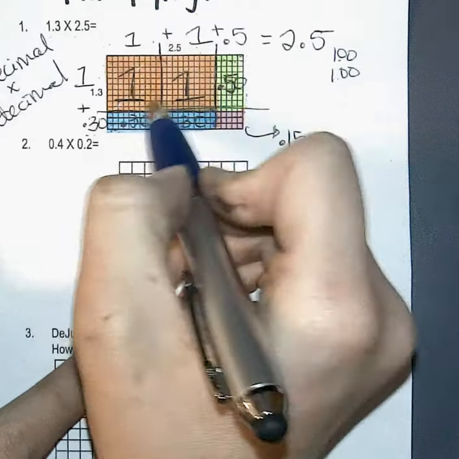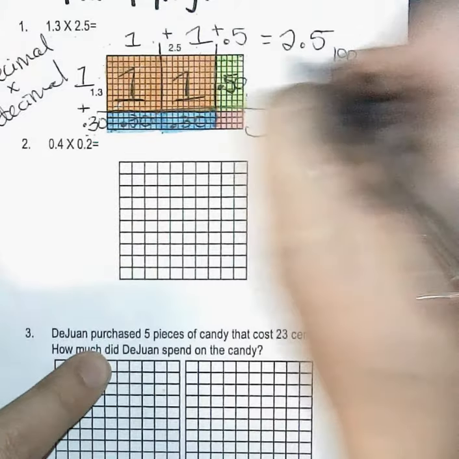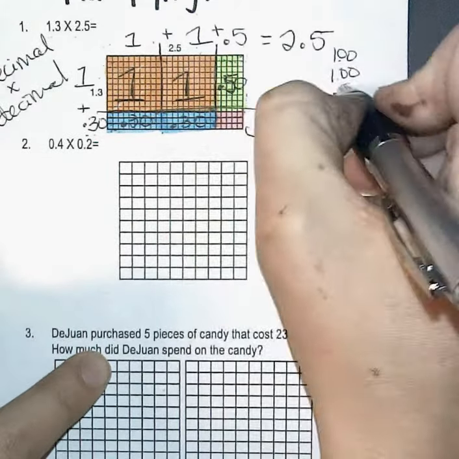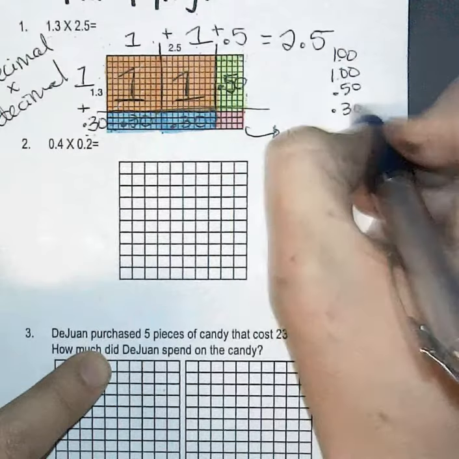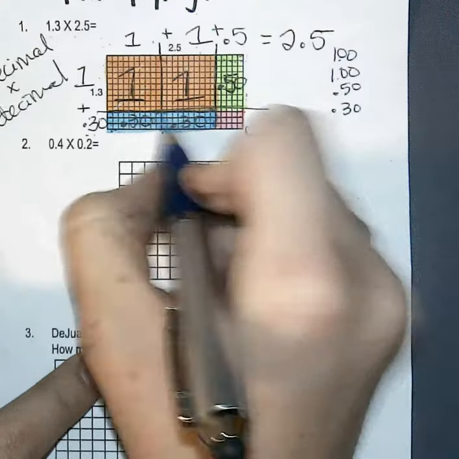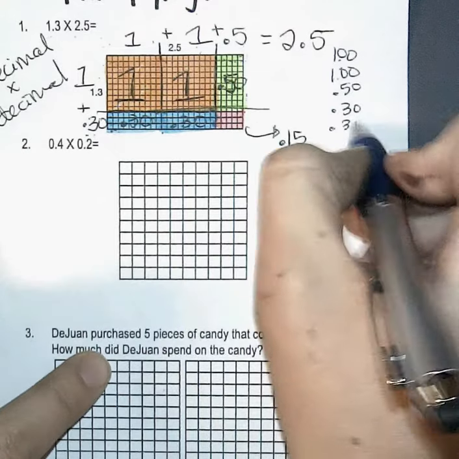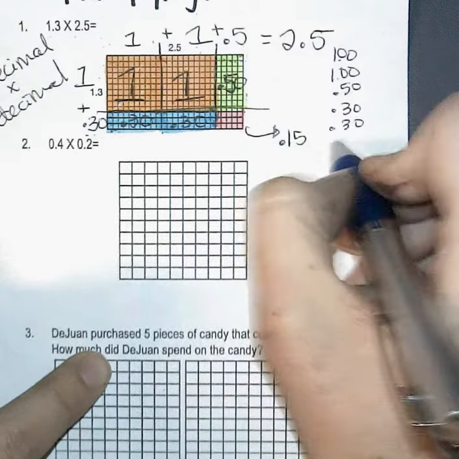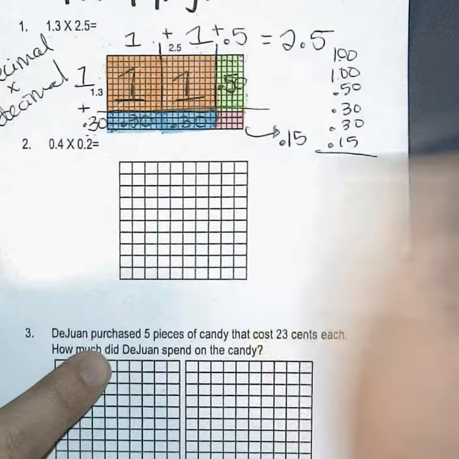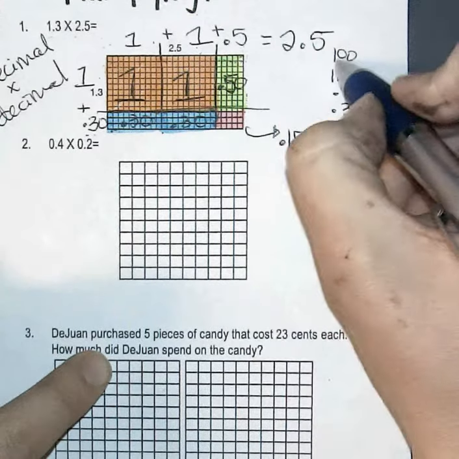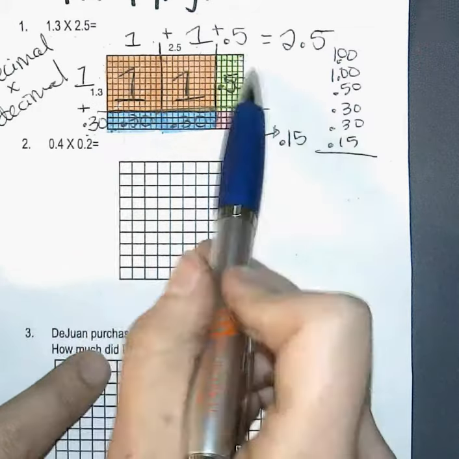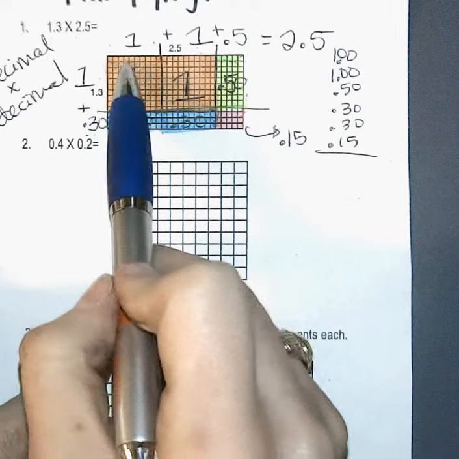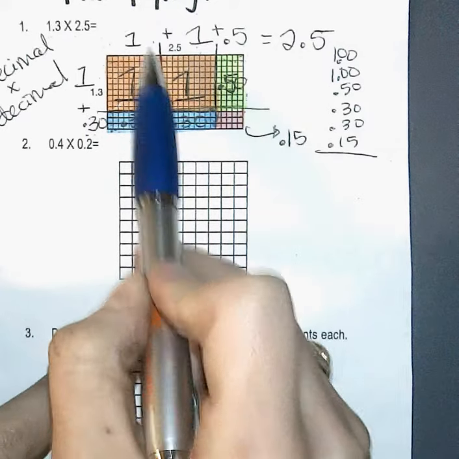Now we add this 0.50. Now we add these other two, 0.30 from this block, another 0.30, and then the 0.15. We add up each part that we colored, because ultimately we're trying to find how many blocks are here, but instead of counting each one, we just add it up.